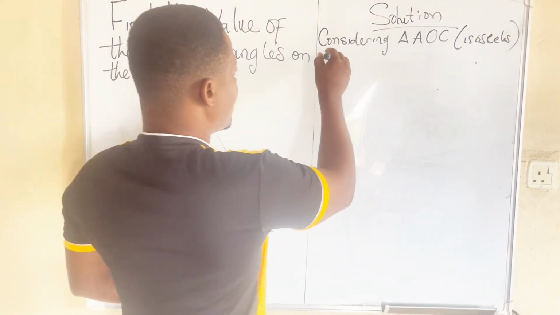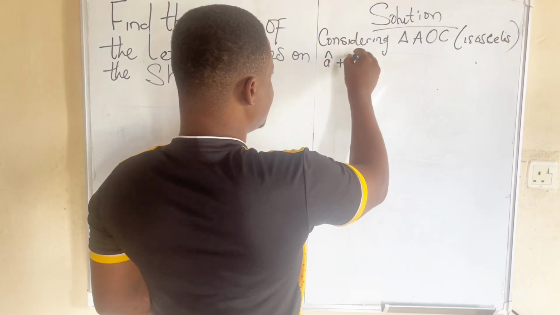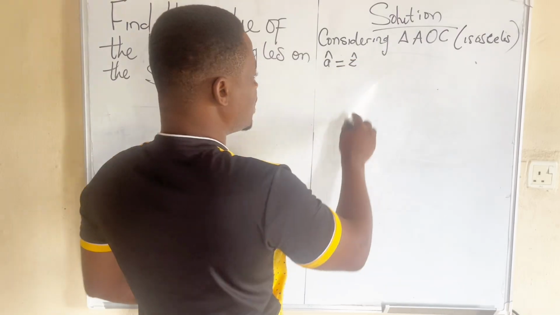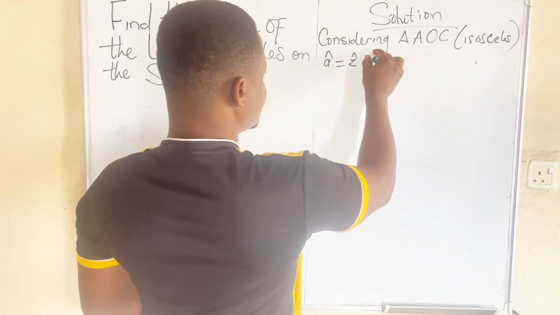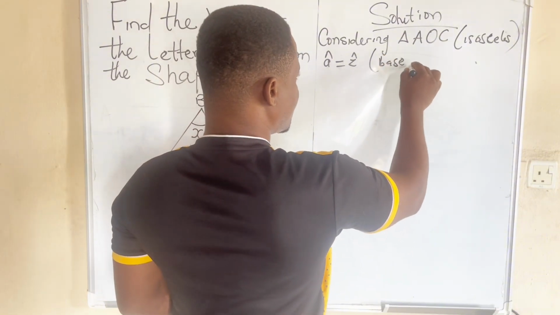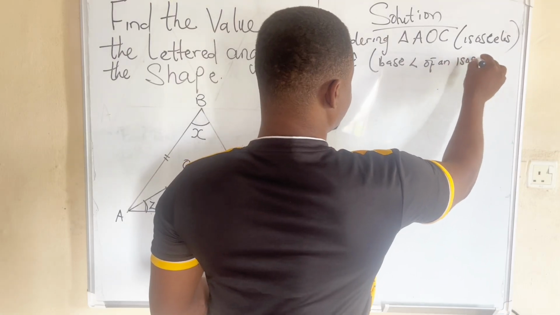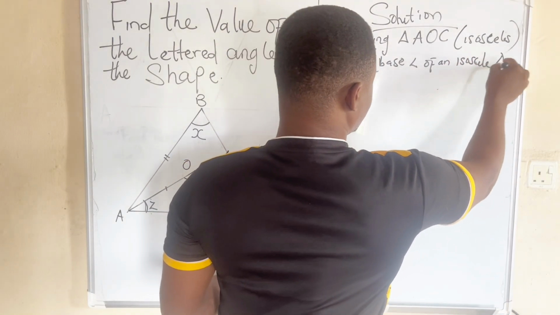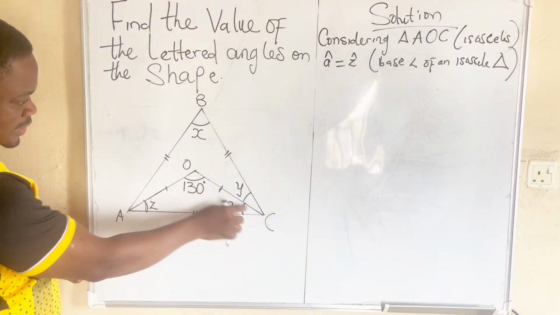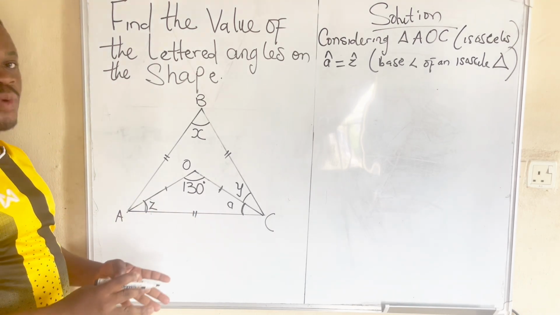So we say that the angle at A is equal to the angle at Z, and the reason is that they are the base angles of an isosceles triangle. Now, for triangle AOC, the sum of interior angles of a triangle is equal to 180 degrees.